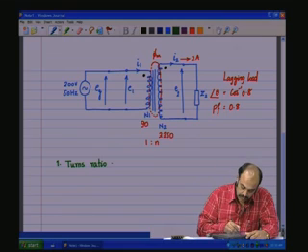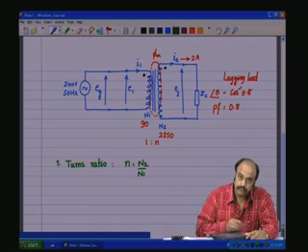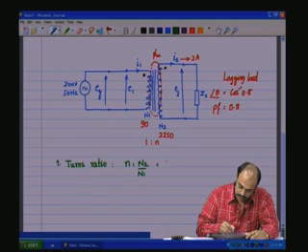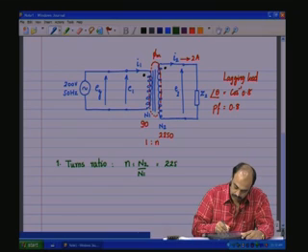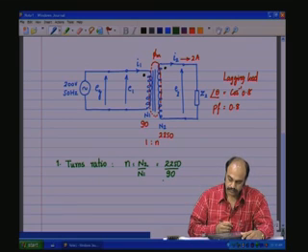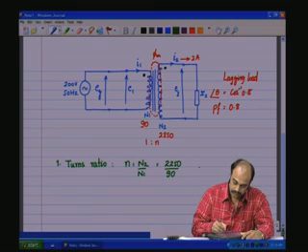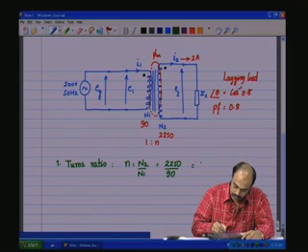The turns ratio is N, which is equal to N2 by N1, which is equal to 2250 by 90, which is equal to 25.